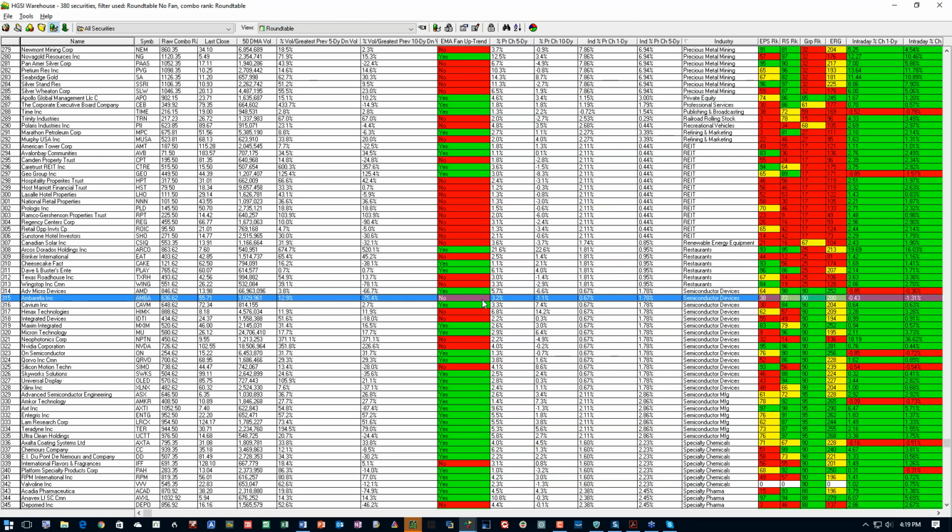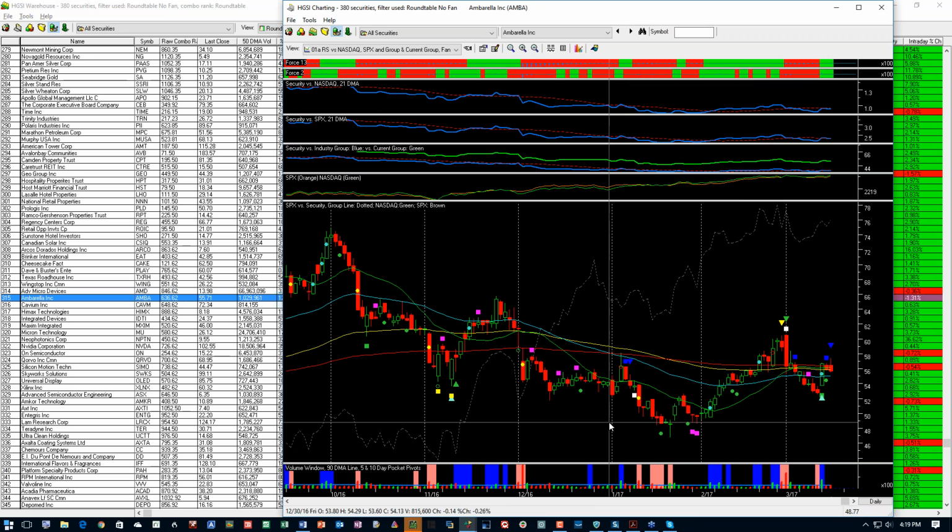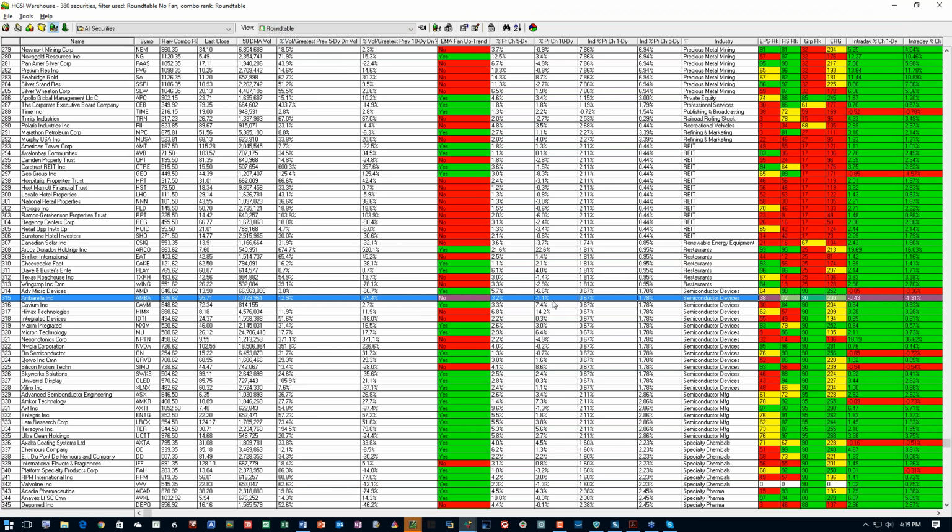But here's Ambarella. We all know this stock. Now this stock is obviously not in an uptrend. And it is outperforming. Well, you can't tell it by looking up here, but it must meet the requirements.